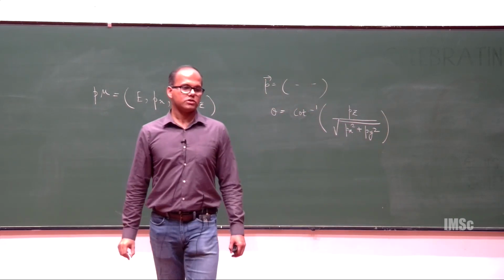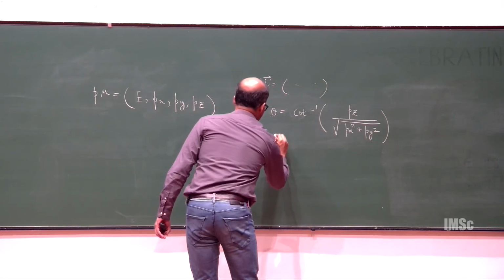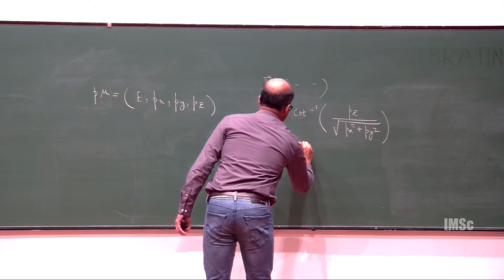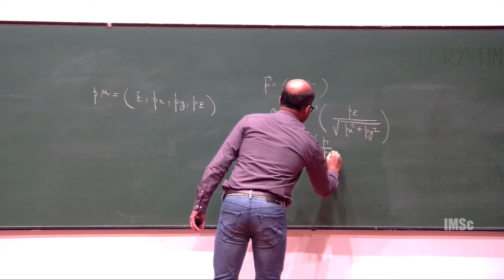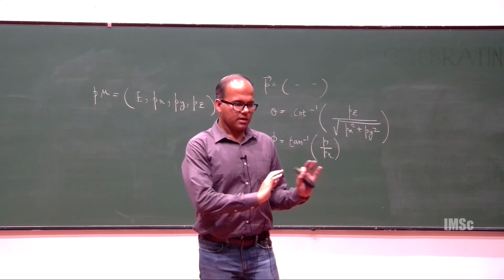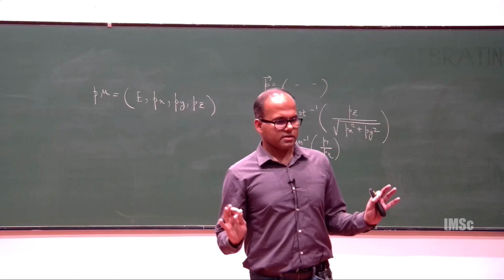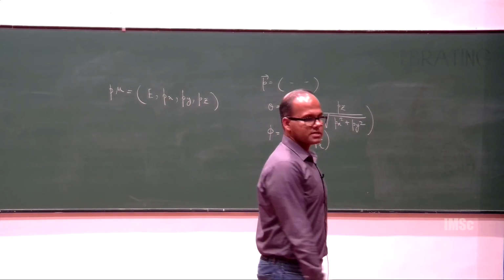This is the definition of a polar angle, and the azimuthal angle phi is by definition tan inverse of py by px. It's just the spherical coordinates for every particle. If there is a 3-vector momentum, you can compute these numbers theta and phi.